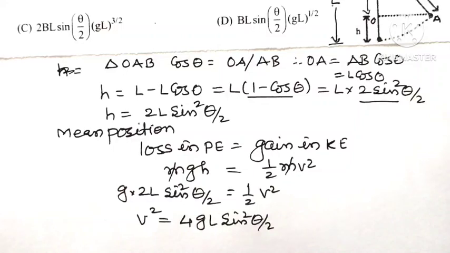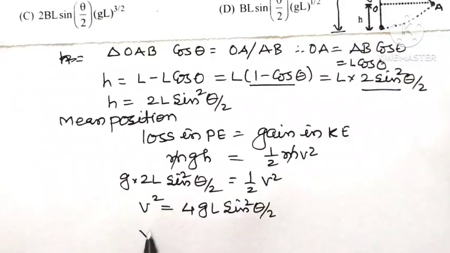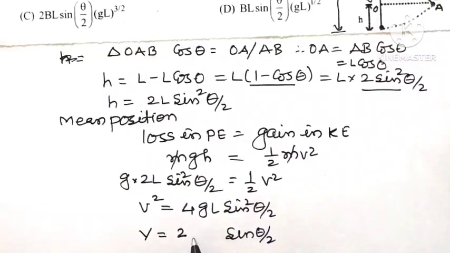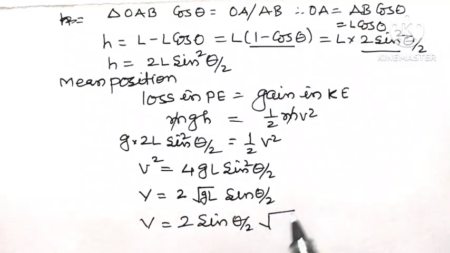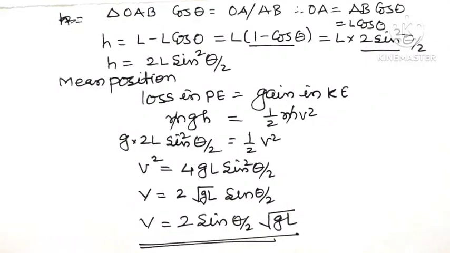Taking square root on both sides, v is equal to 2 sin theta by 2 into under root of gL.